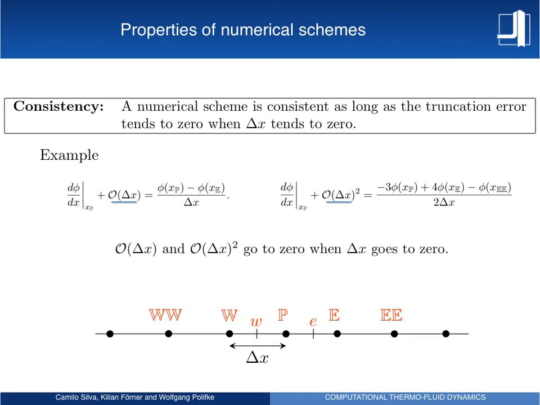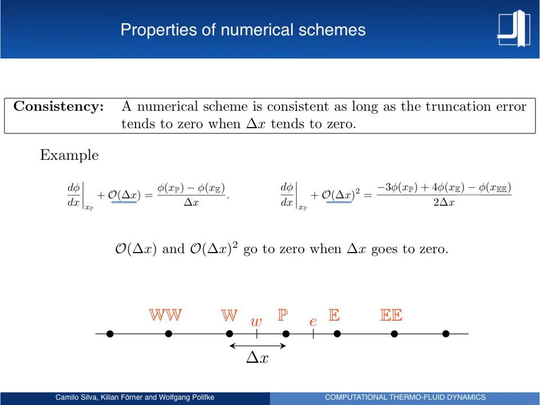Okay, now we introduce another concept which is called consistency. A numerical scheme is consistent as long as the truncation error tends to 0 when delta x tends to 0. So basically the numerical scheme is unbiased. So we go to the same example as before. We have the first order accurate, second order accurate, and think that we are able to decrease the size of delta x.